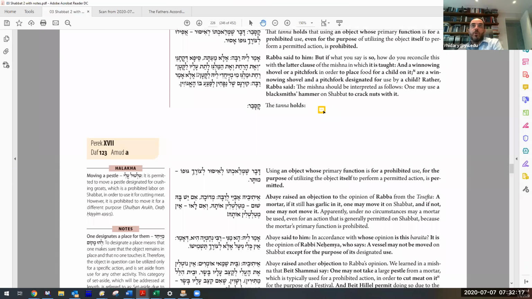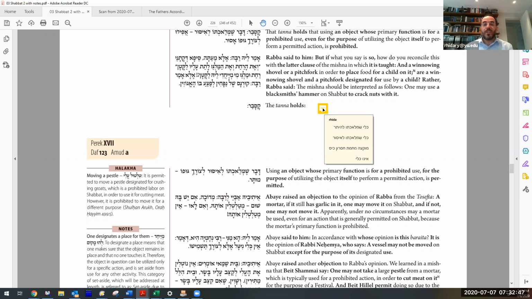So let's move to here. A quick intro to the different categories that we're going to be seeing. Really, this stuff is essential, foundational for understanding the background, the history, the development of the laws of mukseh. So we'll start with these categorizations. Number one, the most lenient, is a category of klisha melachto leheter, something that is generally used for permitted use, like let's say a key used to open a door.